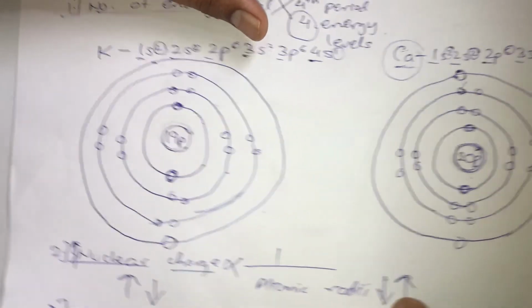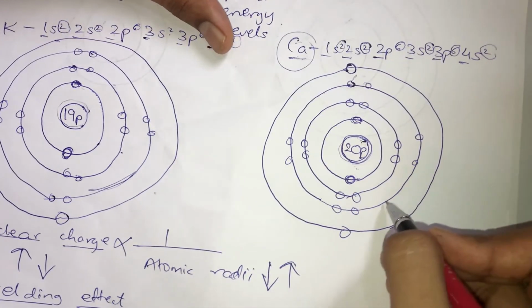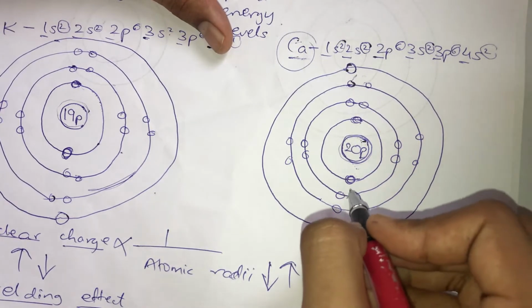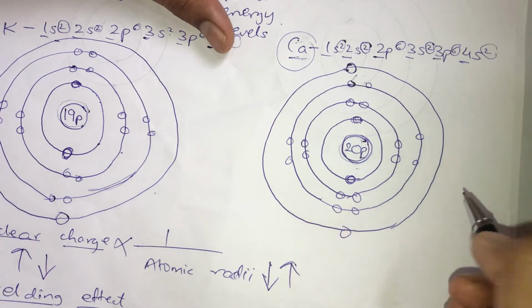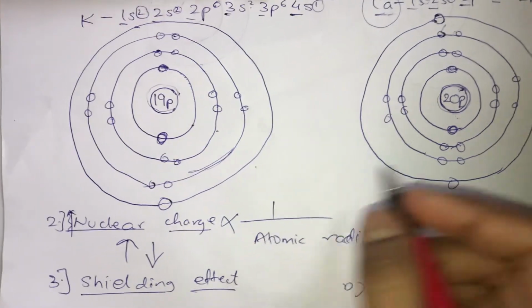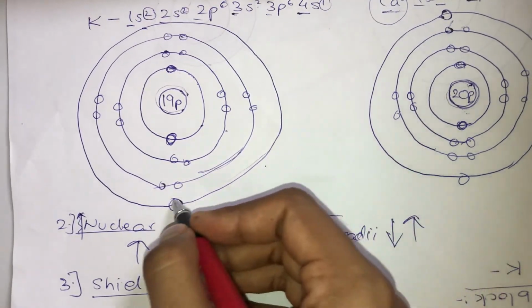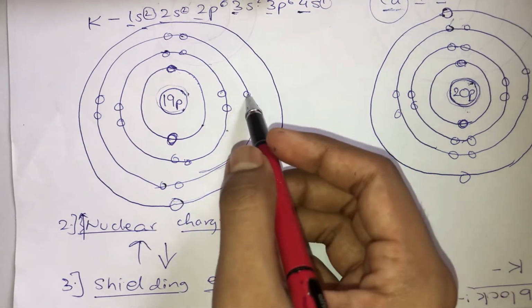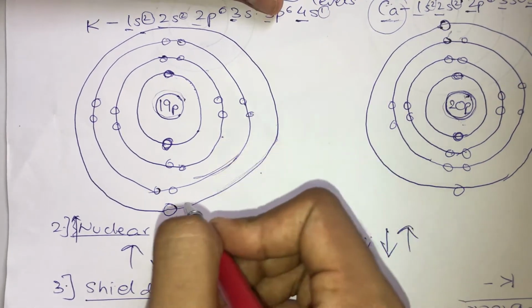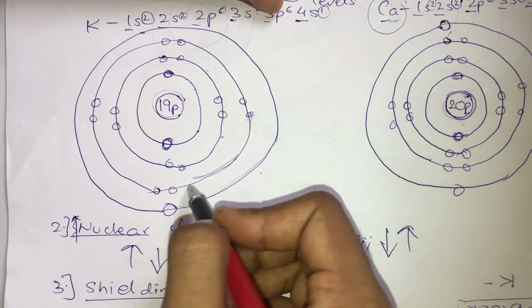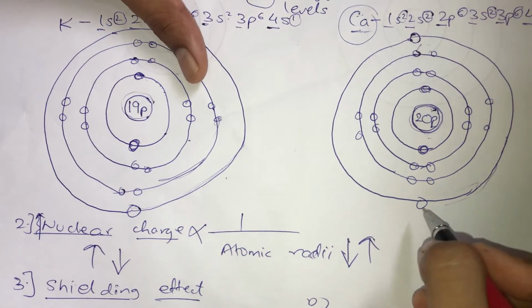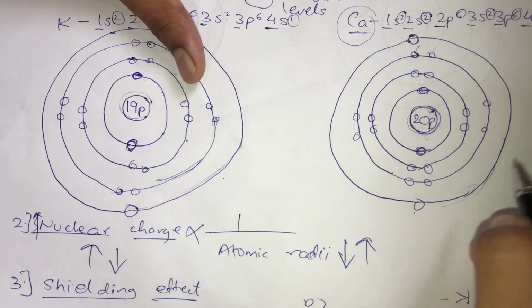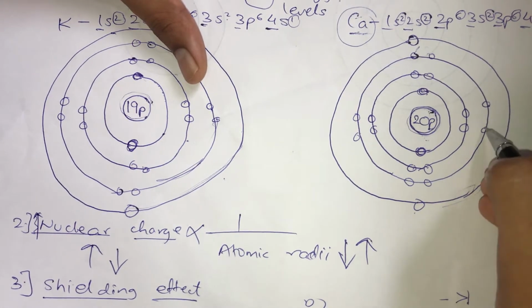Here also the third energy level electrons are getting shielded by the 8 electrons present inside the second energy level, and the fourth energy level electrons are also getting shielded here by 8 electrons present in the third energy level, and the fourth energy level electrons here are also getting shielded by 8 electrons present inside the third energy level.